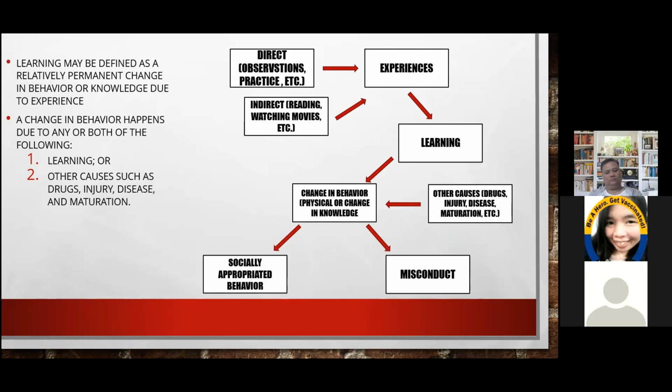Under direct experience are your observations and practices. The indirect experiences will be reading, watching movies, and so on. When you experience anything, then there comes learning. After learning, there will be a change in behavior. It can be physical or a change in your knowledge.